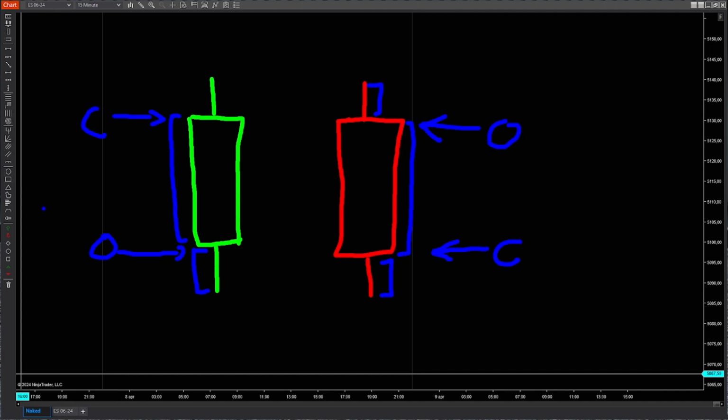A bearish candlestick will have its close below the open where it is right here. So a long green candle indicates strong buying pressure, while a long red candle points to dominant selling pressure. It's not about the length, the relationship between the open, close, high and low tell us more about the market sentiment. Now, let's go over the significance of the wicks.